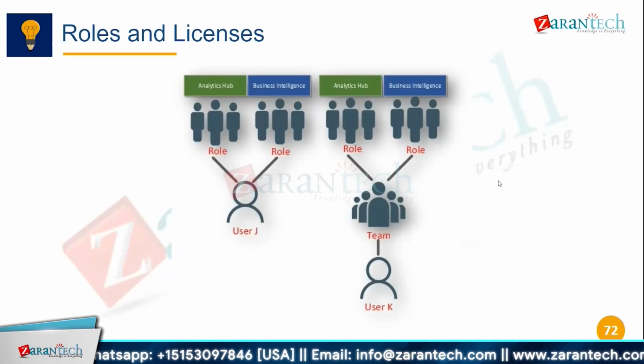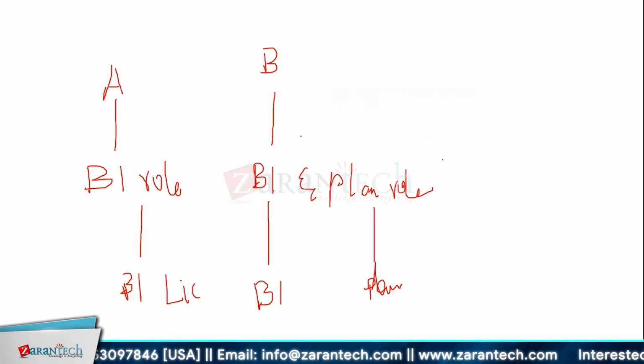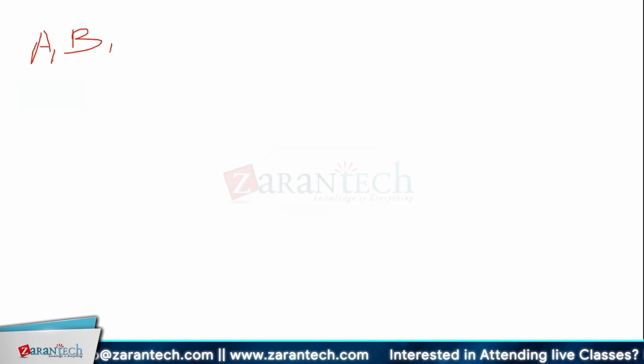I will tell what a named user and concurrent user is. Named user means, let me roll back these changes. You have users A, B, C, for example. A named user is where you directly assign the licenses to these people.